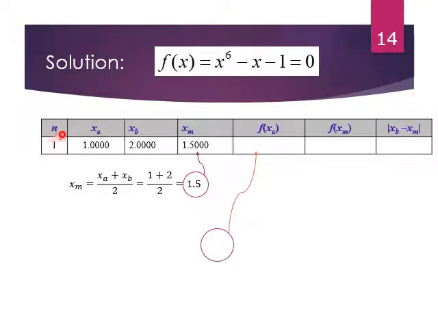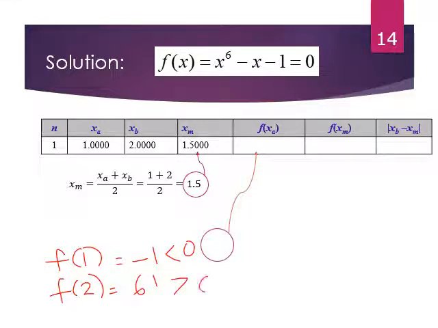We're going to start with n equals 1, the first iteration, xa equals 1 and xb equals 2. If we evaluate the function at the points xa and xb, f(1) is equal to minus 1, which is less than 0, and f(2) is equal to 61, which is greater than 0.